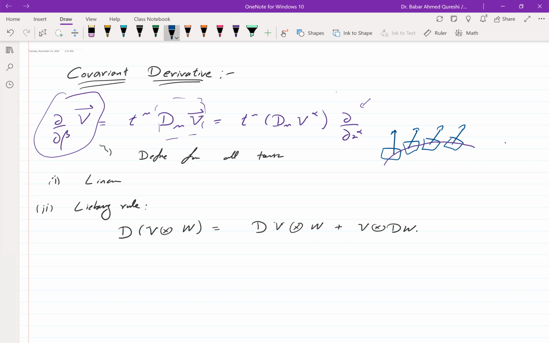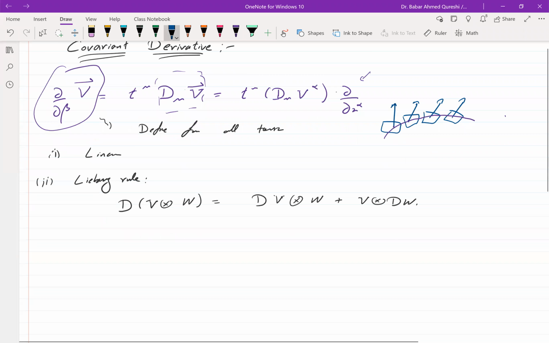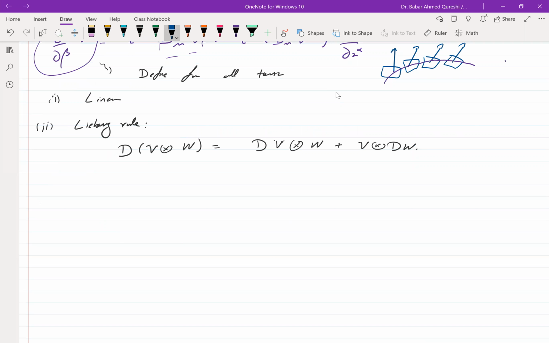That means that if I have a tensor field T, I want to know how it changes as I move along a curve beta. So it would be just given by this thing. I should know what is the action of this covariant derivative on any tensor field.